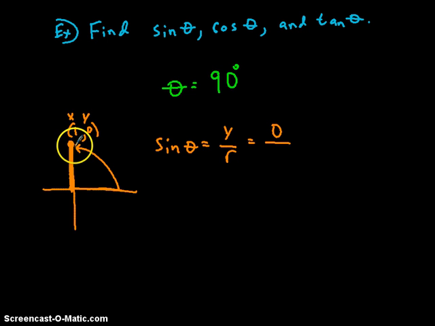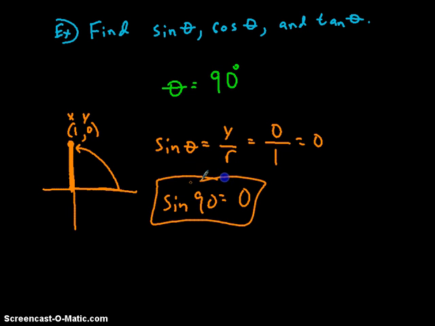So basically, the r value is always going to be 1 in this problem. So it's going to be 0 over 1, which is 0. So I know sine of 90 is equal to 0 because that's just what it is then. It's going to be that y value over r, which has to be 1 in this case.